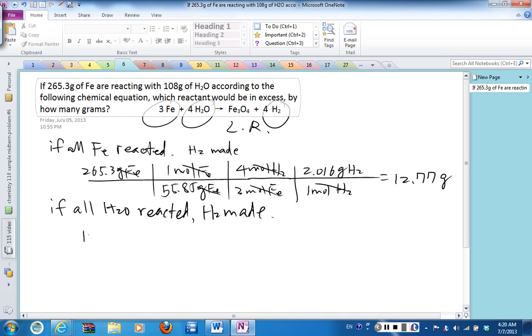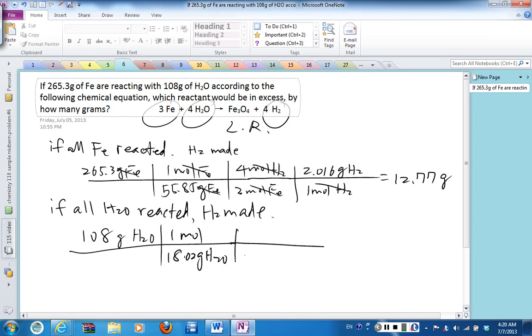So it's 108 grams of water, exact same setup, 18.02 grams of water for 1 mole, each 4 moles of water produces 4 mole of H2 gas, and each 1 mole of H2 gas is 2.016 grams.